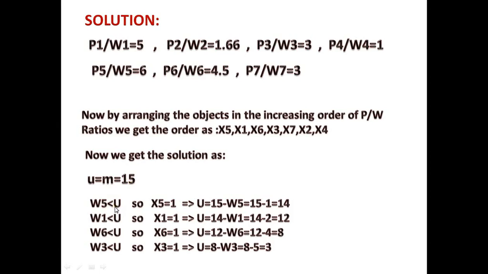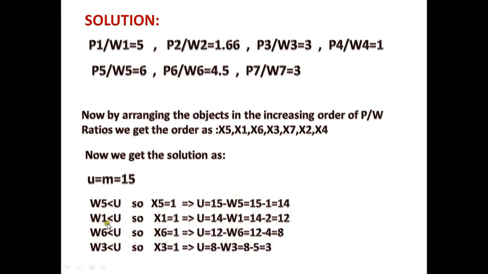Now consider the object with the highest P by W ratio, that is the fifth object. Since the weight of the fifth object is less than the capacity of the knapsack, we add it to the knapsack. Since the weight of the fifth object is 1, after adding object 5 to the knapsack, the remaining weight in the knapsack is 14.